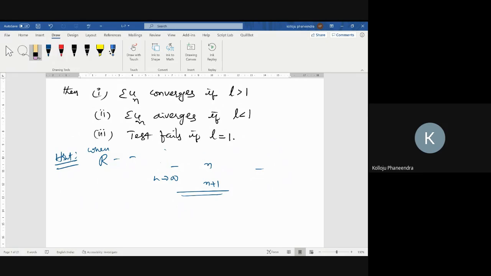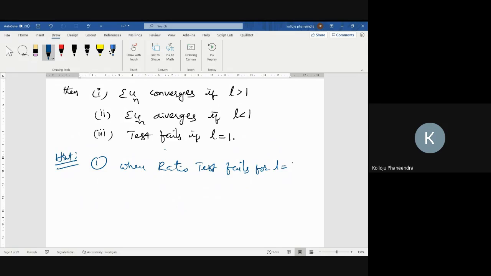The first point is when the ratio test fails for L equal to 1, or in some other case also. Yesterday's problem, when x greater than 1 or less than 1, the ratio test fails.